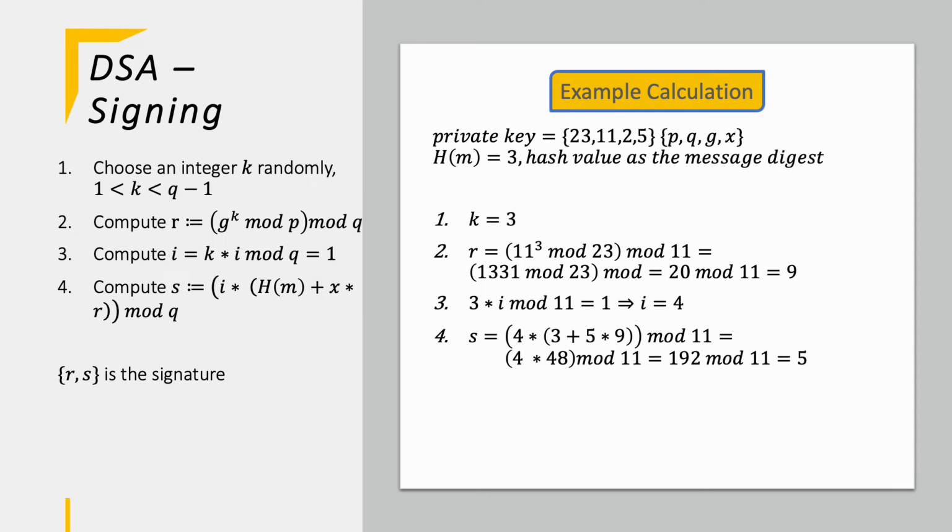So our signature is now R and S, what we just have calculated, using our prime numbers and using our private key, pretty much. So our signature is 9 and 5.